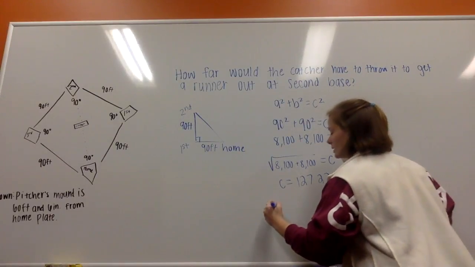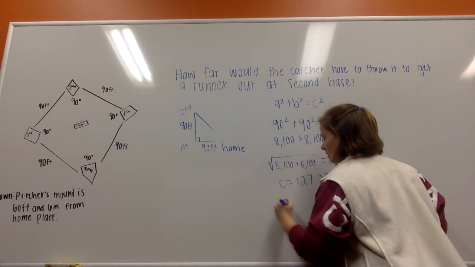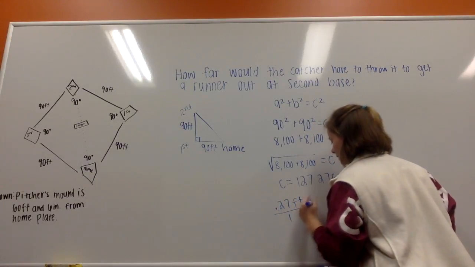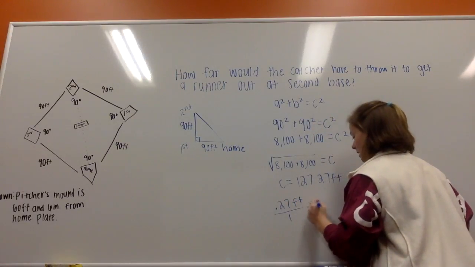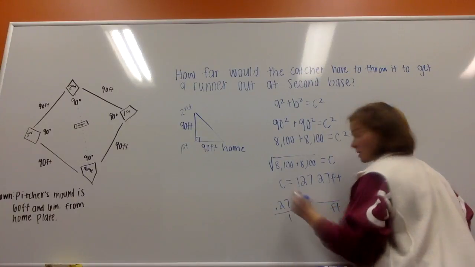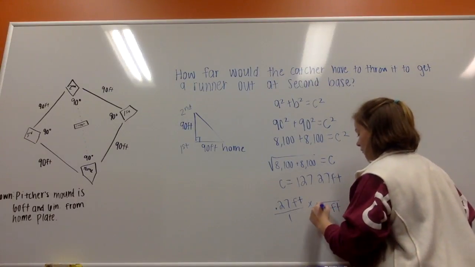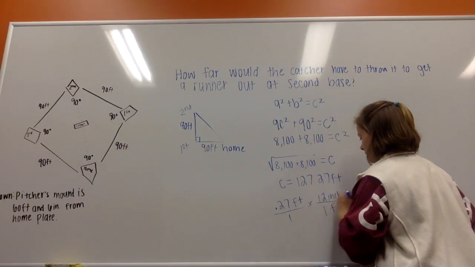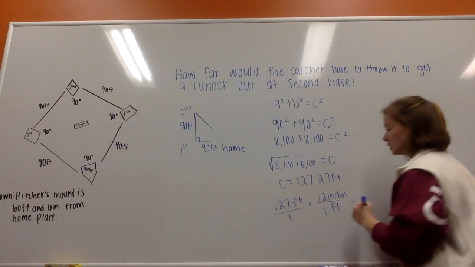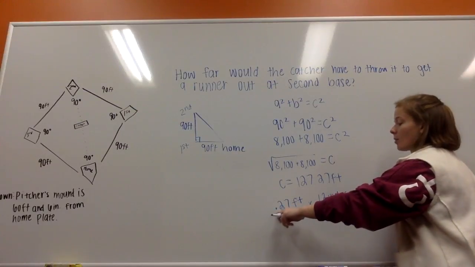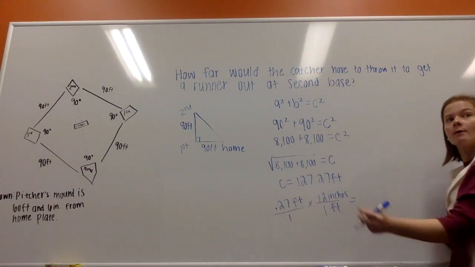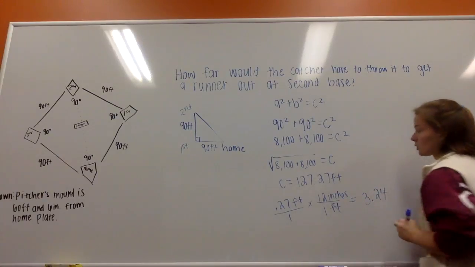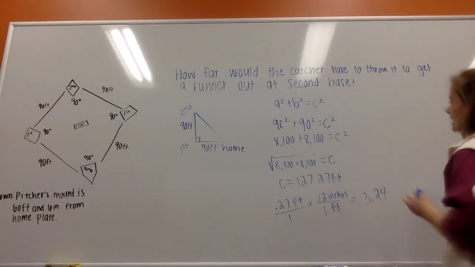So we can do 0.27 feet times, and then we have to put our feet on the bottom so that our units cancel out. We have 1 foot equals 12 inches. This will leave us in inches. So 0.27 times 12 gives us 3.24.